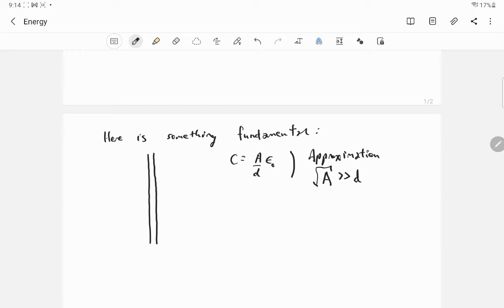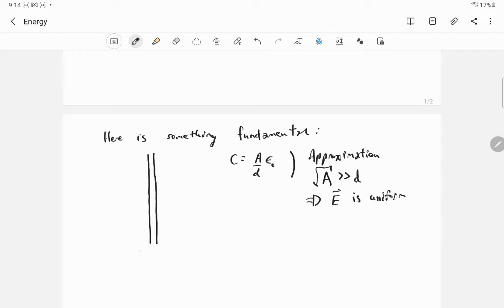So the reason we made that approximation is because in this approximation, the electric field is uniform, right? So the electric field is uniform everywhere in between these plates.